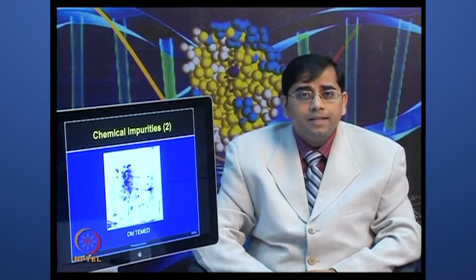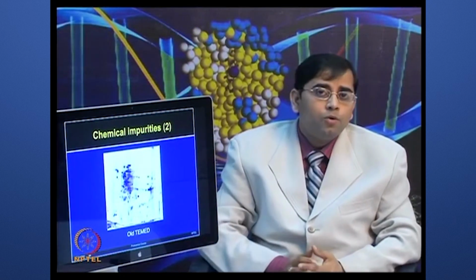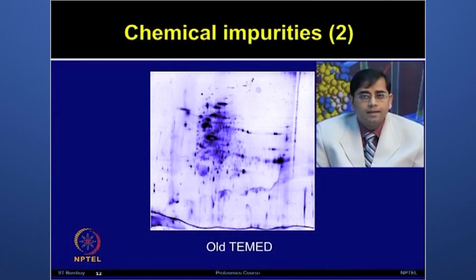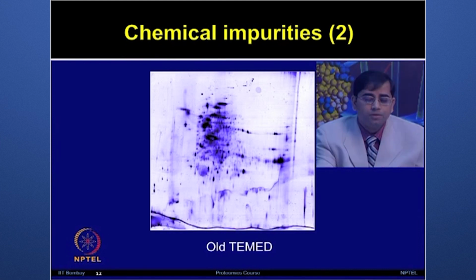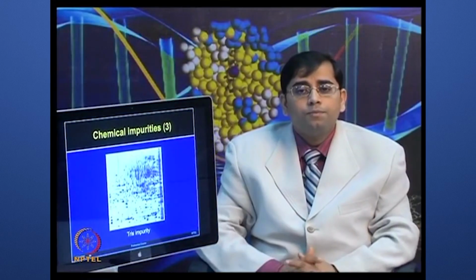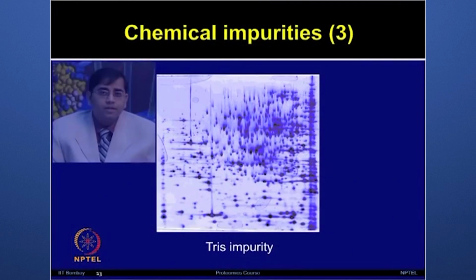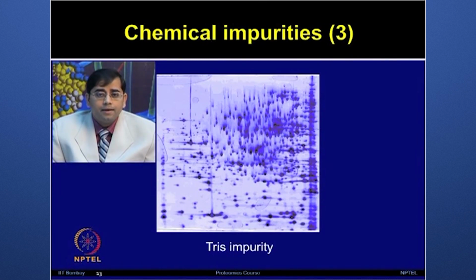If the TEMED is very old, since a very small amount of TEMED is used in making the second dimension gel, as well as APS. So, people often use that bottle for a very long time, and if TEMED is very old, you can see some bad pattern on the gel, something similar to what is shown in this image. Now, if your chemical such as Tris is not of very good quality, it is impure, again that will show some artifacts in the gel.